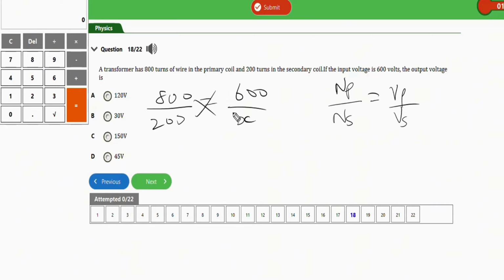Okay, cross multiply, we're going to have 800x equals 600 times this 200 you have here. Basically, we are going to have this output, 120,000. So you divide both sides by 800.